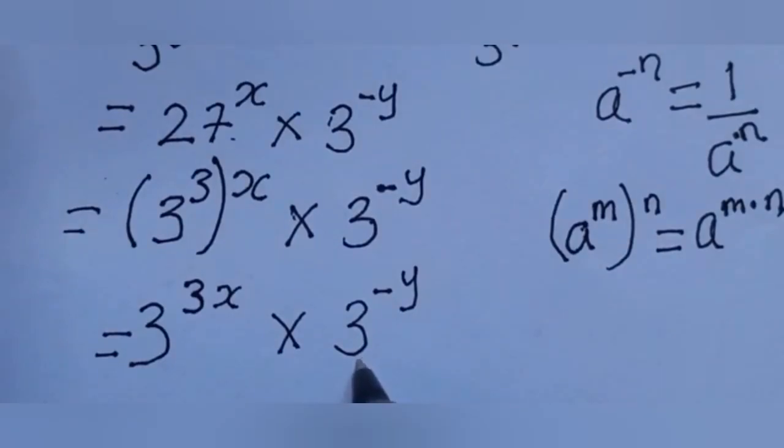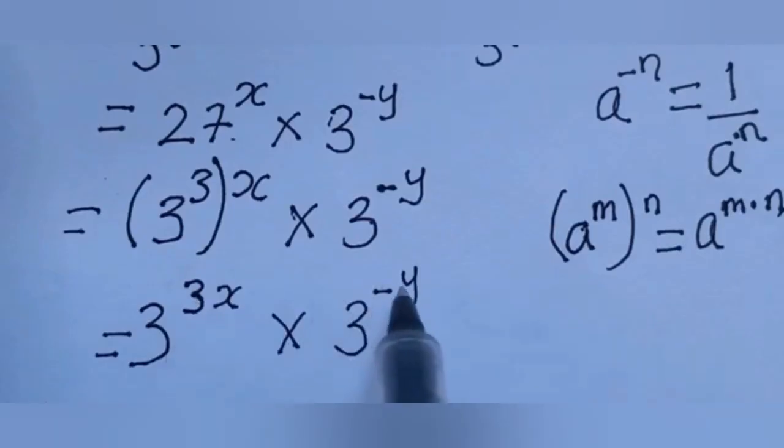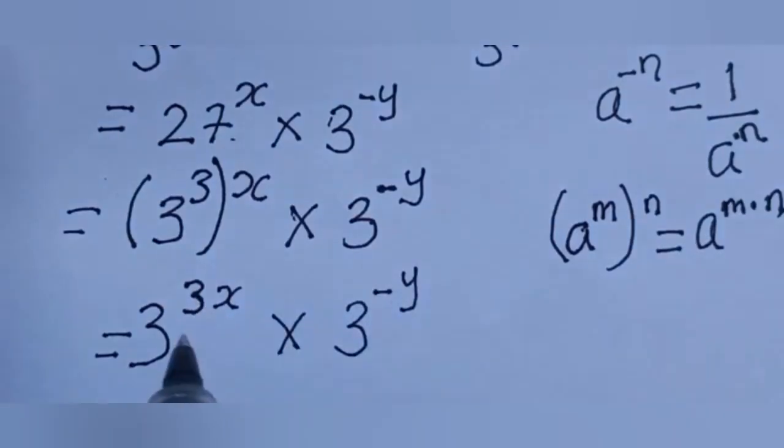So by using the law of exponents, we add the exponents if the bases are equal, provided that there is a multiplication sign.